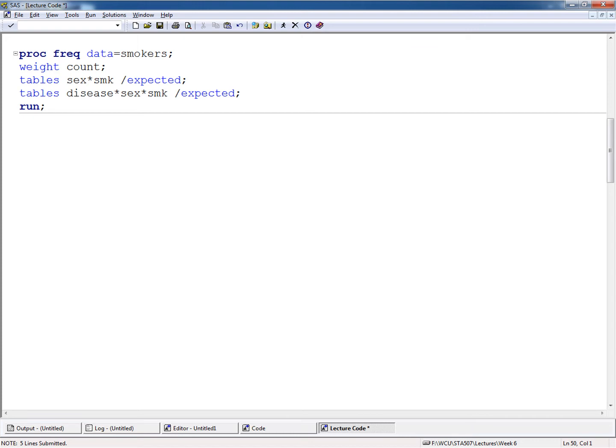The first bullet point looked at all combinations of explanatory variables, and the second and third bullet points looked at all combinations of x and the y variable. Which means that there are 2 tables I need to look at. The first one is sex by smoking, and the second one is disease by sex by smoking.